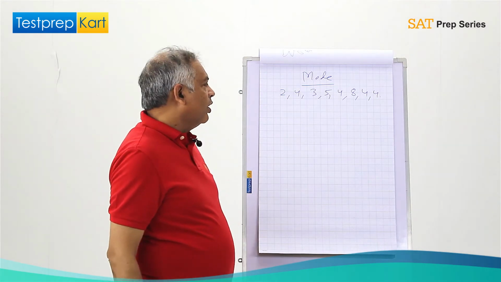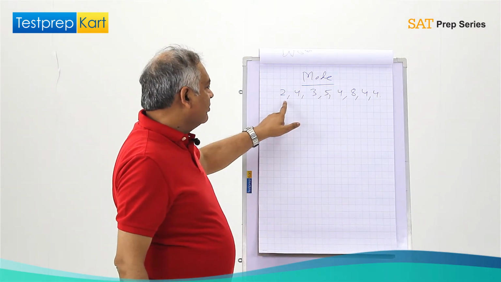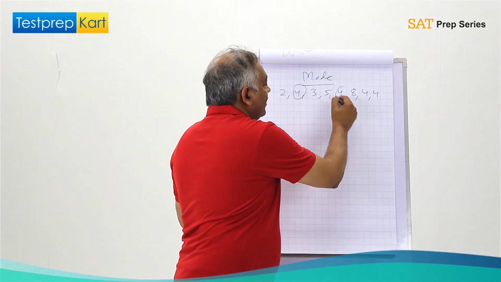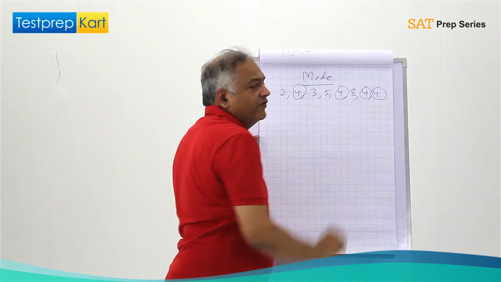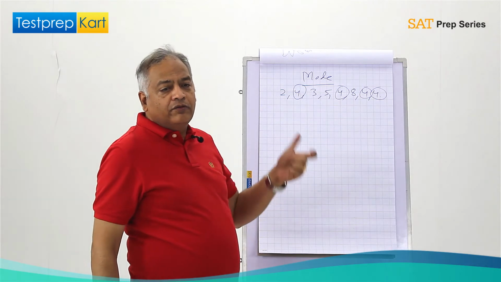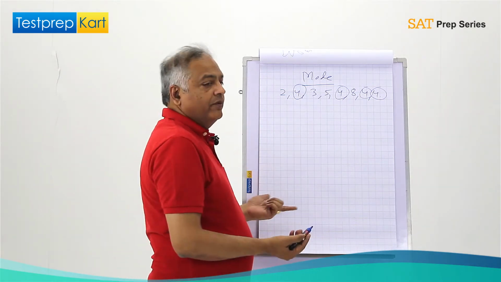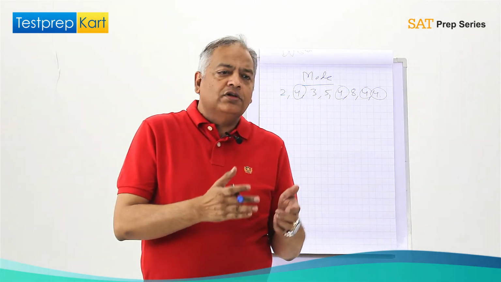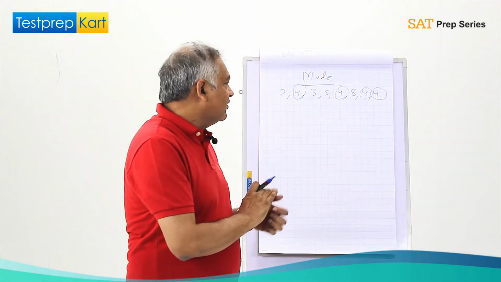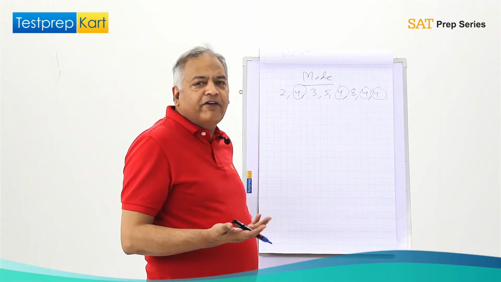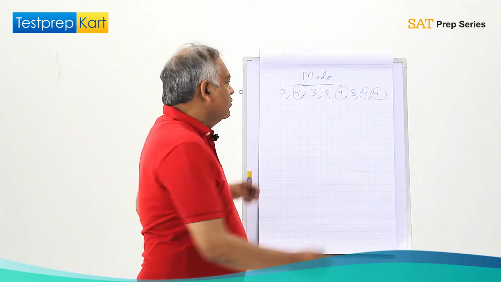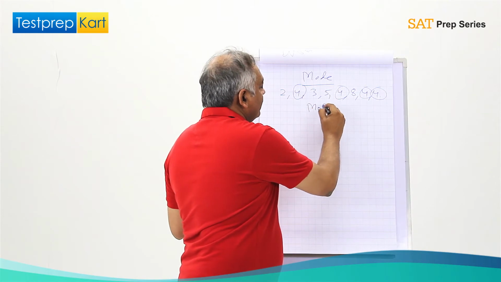Suppose these are the observations. Now 2 has appeared only once, 3 only once, but this 4 has appeared 4 times. So the mode for these observations will be 4. What you have to do is simple: find each observation and the number of times it has appeared, and see whichever has appeared the maximum number of times. That will give you the mode. So the mode for this series is 4.